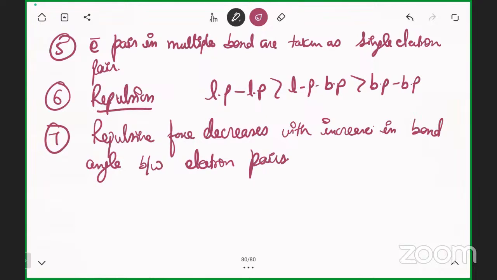Now we'll discuss the shape of molecules. Okay, so first type, that is AB2L. A is the central atom. Always I'm taking A as the central atom.